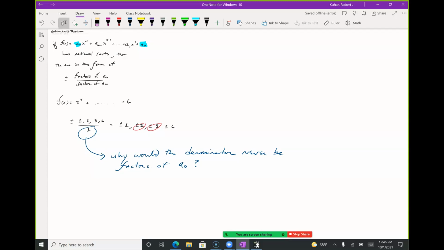Nice. So let's work this out in reverse and see if we can notice that only our leading terms and our constant terms are really going to be deciding about zeros, right?